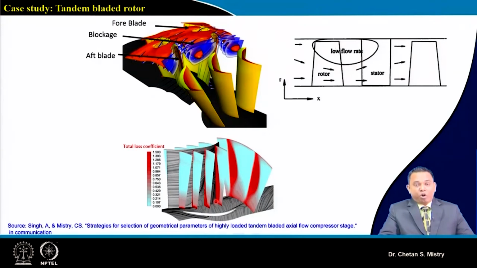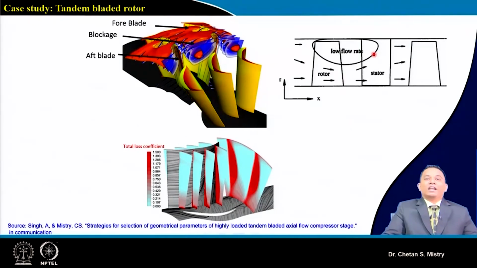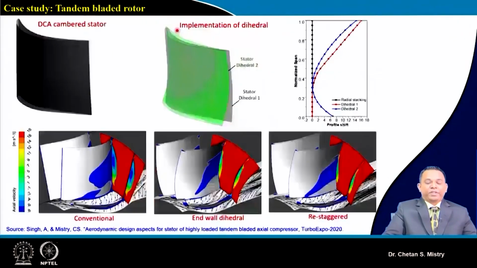Let me put one important point here: in a conventional stator and rotor combination, only one wake comes out from my rotor blade and strikes the stator. Now for this tandem bladed configuration, there are two wakes, one from the fore blade and one from the aft blade, and both are striking on the stator. So that is making the design of the stator very challenging.